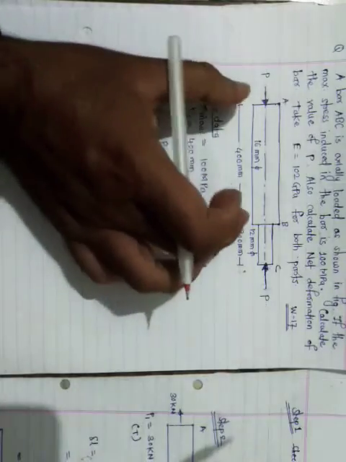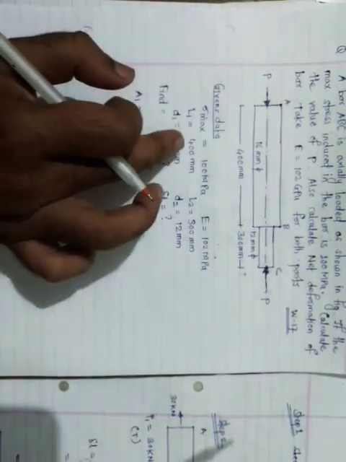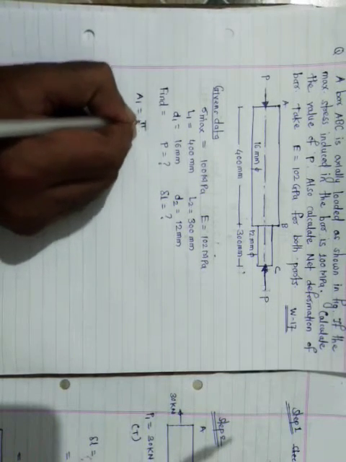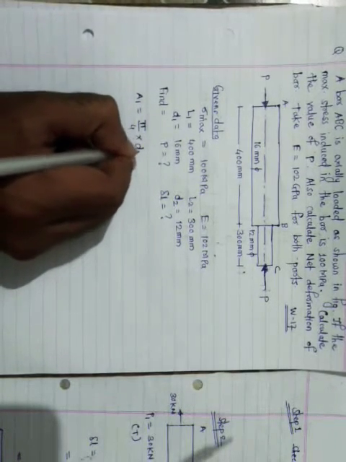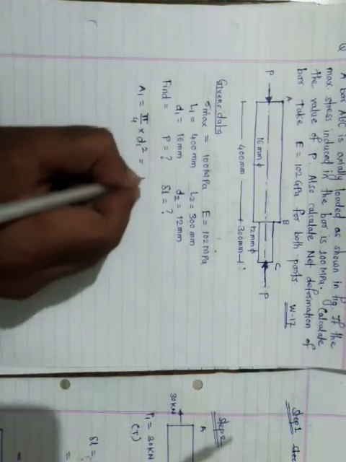First calculate the area A1, the area for AB. The diameter D1 is 16 mm. The bar is circular, hence use the formula pi by 4 into D1 squared.